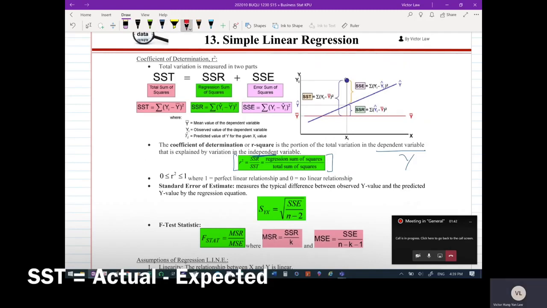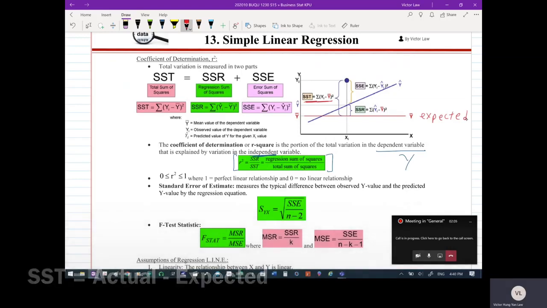blue dots. If you look at it from the diagram, SST is the total variation. That total variation is the distance between your blue dot and your red line. So the red line is your Y bar. Y bar is your average value. That's your expected value, right? So what you expect to get, that's your expected value. What you expected to get is your average.